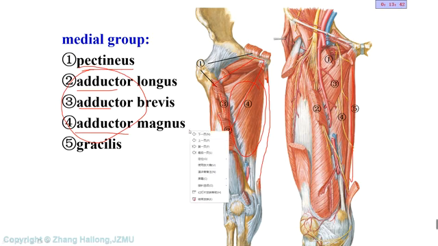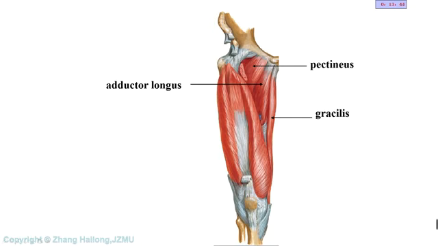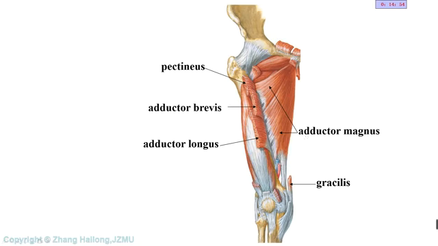This is the medial group. Let's see them again. Pectineus, adductor longus, and gracilis are the first layer. Longus, second layer brevis, third layer magnus, medial side gracilis. Okay.